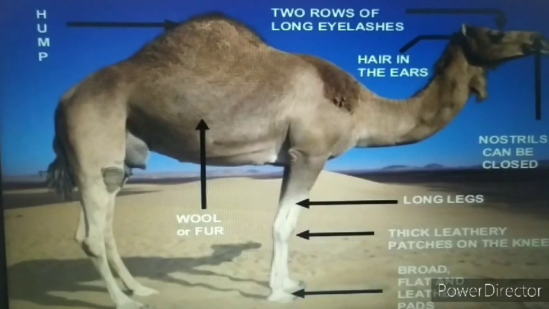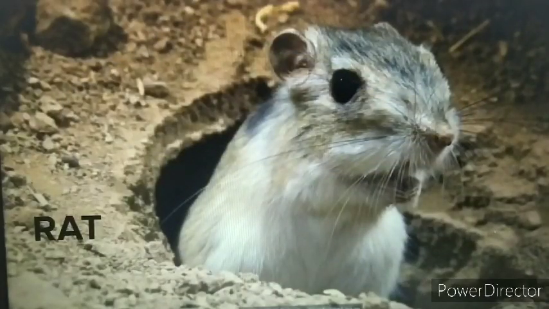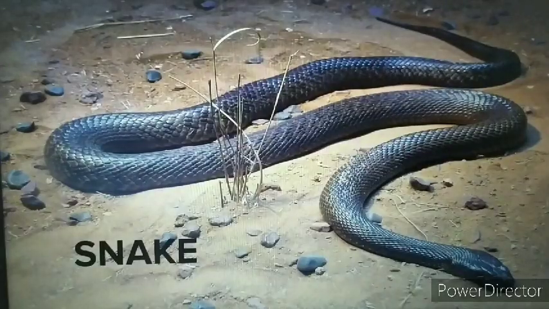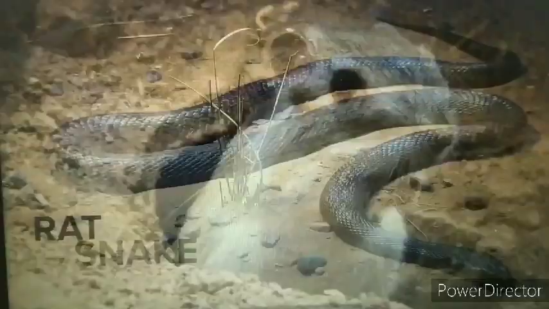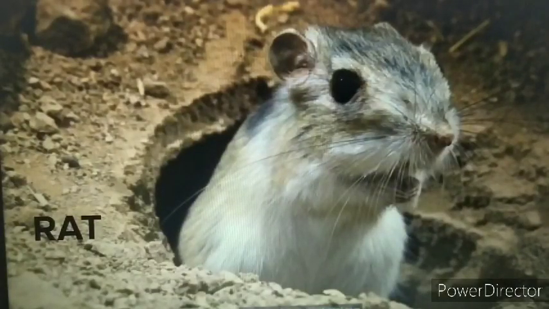Then there are other animals as well which are found in the desert areas. You can see here animals like rats and snakes. They do not have long legs like camel. Instead, rats and snakes stay in burrows deep in the sand, and when they are deep in the sand, they keep themselves away from the intense heat during the day.